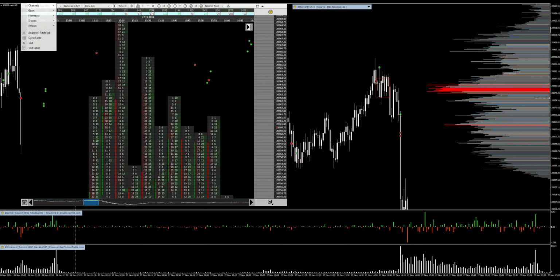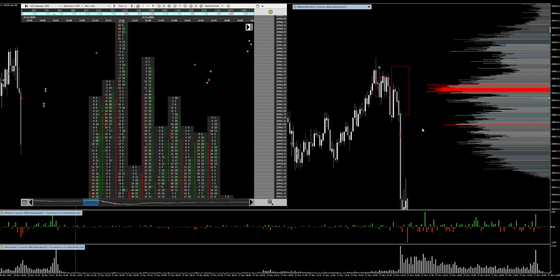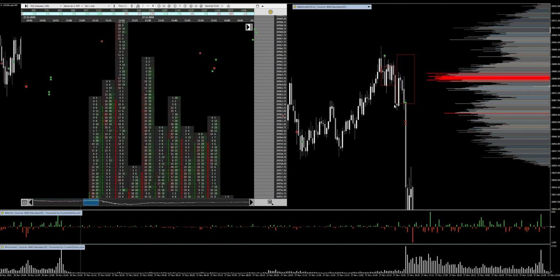So let's mark that up. This is our candle close. We want to be safe, so we put the stop loss just above those stacked imbalances. And because this is indices, we want to do our TP of 50 pips. That's a safe TP.